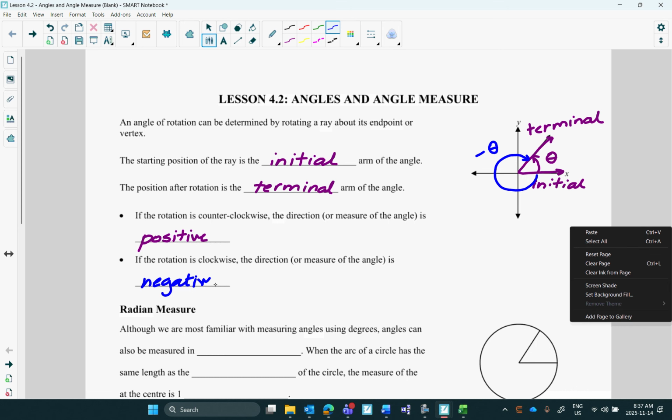So for example, if this, say, was 40 degrees that we measured, there is a relationship between the positive angle from initial to terminal in counterclockwise direction and then the clockwise direction. If we move 40 this way, we'd have to move negative 320 the other way, because the two angles without the negatives have to add up to 360.